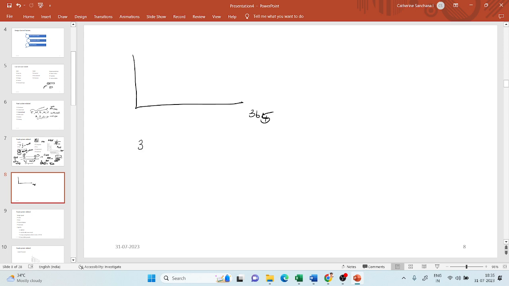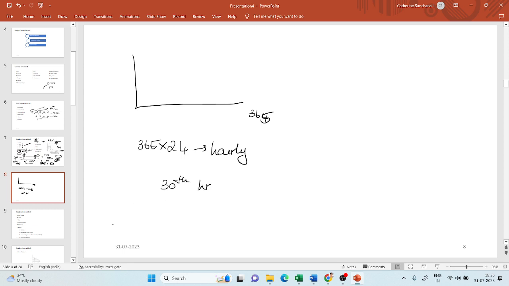So 365 into 24 will be the number of hourly volumes that I will have. Now, what hourly volume should be considered for the design of the road? That we take as the 30th hour.